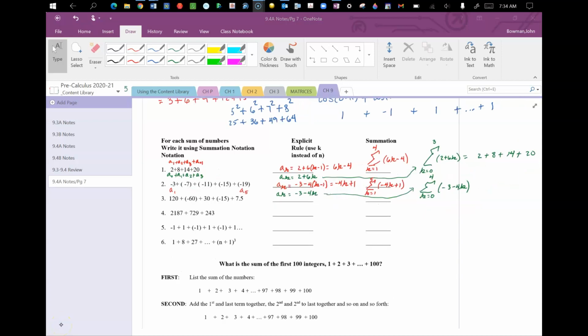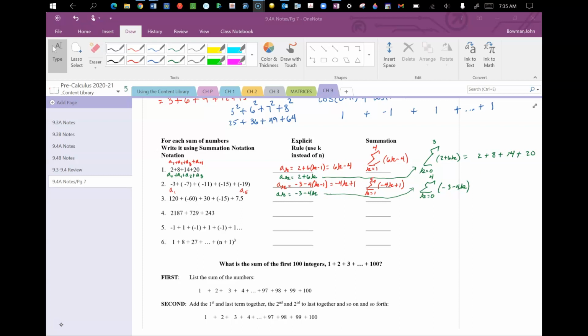All right, so if you did that by starting with an index value of 0 and ending at an index value of 4, your explicit rule is going to be -3 minus 4k, and your summation notation is going to be k equals 0 to 4, and the expression, the explicit rule, is going to be -3 minus 4k.